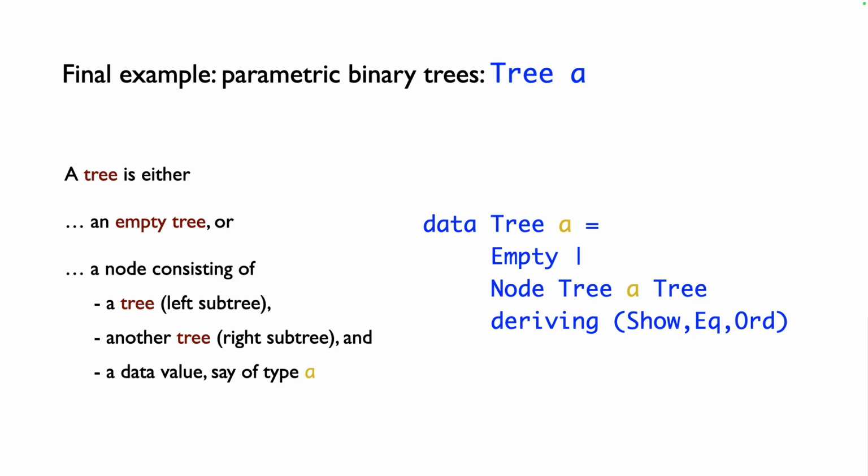That's turned that definition from being a definition just over integers to being a definition over any type we like. And the definitions of functions over there will follow exactly the same pattern as the definitions we've seen already for the monomorphic, the non-polymorphic definition of tree over integer.